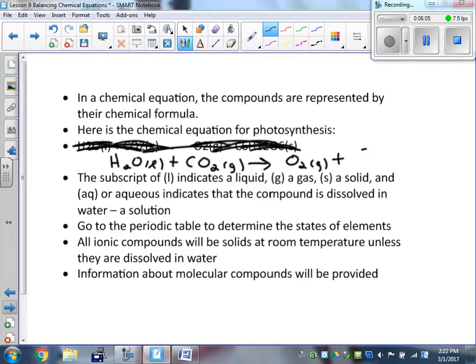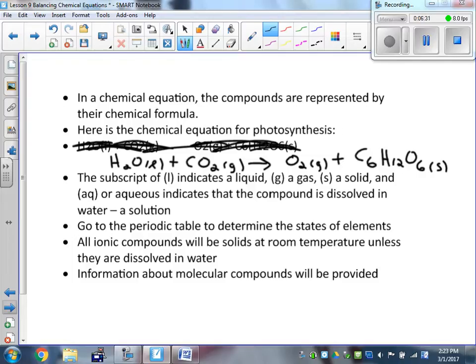And glucose, which is C6H12O6, okay, like so. And I guess I should probably put the state for that one, solid. Okay. So an equation represents, like I said, the compounds that we're actually going to use there. Okay. So that would be a chemical equation.